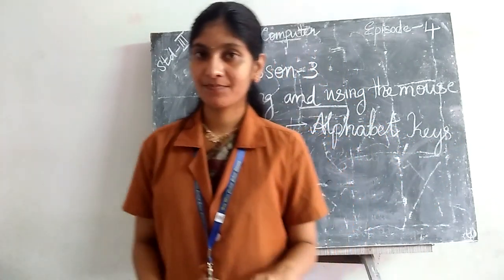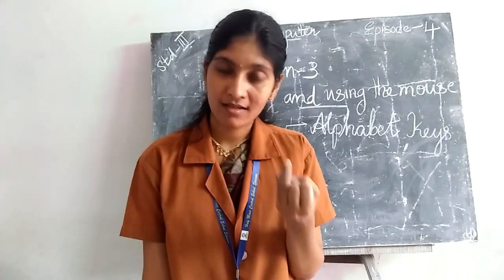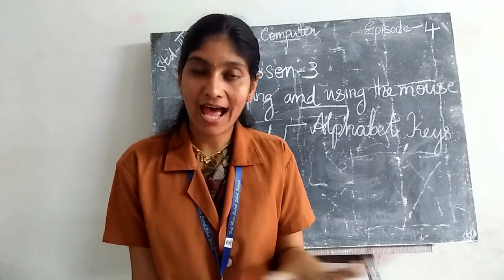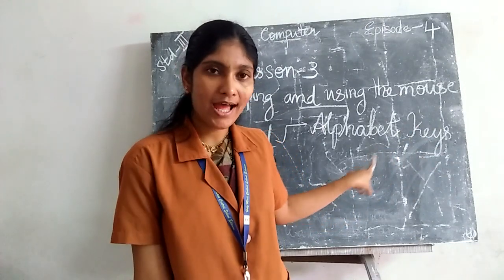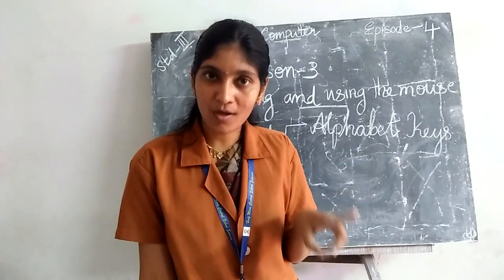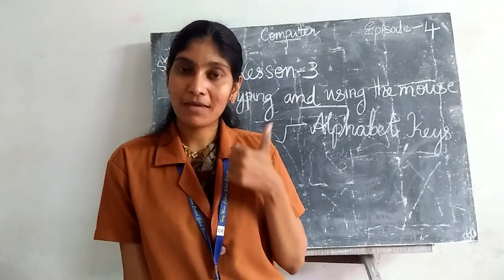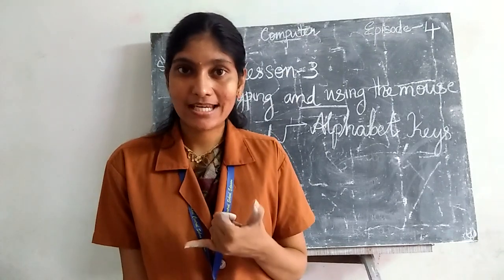Alphabet key means A, B, C, D, etc. up to Z. These are alphabets. So, alphabet means the keyboard contains alphabets. From where to where? From A letter to letter Z.